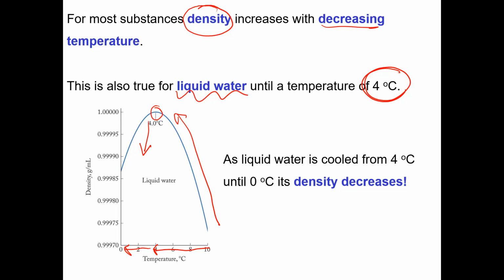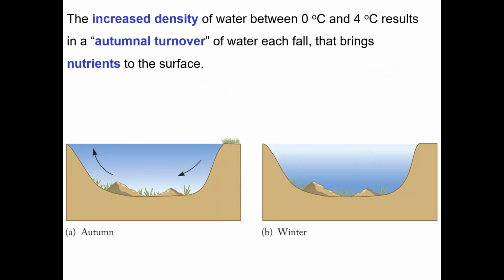Once we get to the freezing point, you can see that the density of the water is actually less than 1, which is what the density of water is at room temperature. So that's kind of interesting. All right.